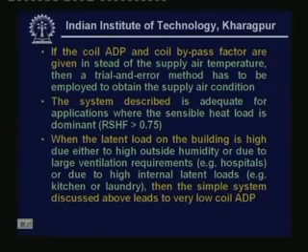So, whatever system we have been discussing so far is fine as long as your sensible load is more than 3 times the latent load on the building. That means your room sensible heat factor is greater than about 0.75, which is normally the case, but there are some special cases where the latent load on the building could be quite high.